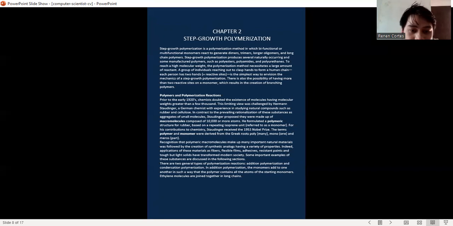For the polymers and polymerization reactants, prior to the early 1920s, chemists doubted the existence of molecules having molecular weights greater than a few thousand. This limiting view was challenged by Hermann Staudinger, a German chemist with experience in studying natural compounds such as rubber and cellulose.